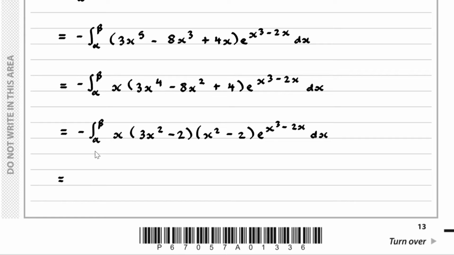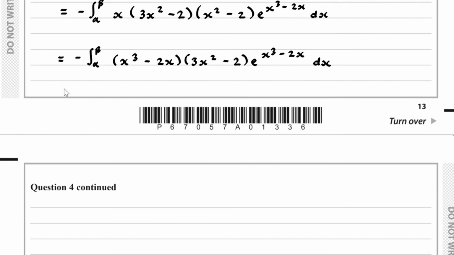So, doing so, we've got minus the integral from alpha to beta of x cubed subtract 2x, then I have 3x squared minus 2 e to the x cubed minus 2x dx.